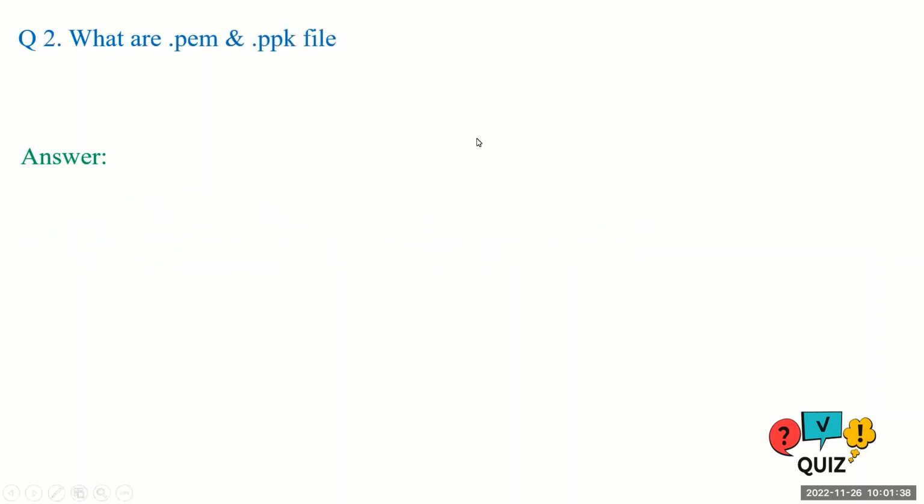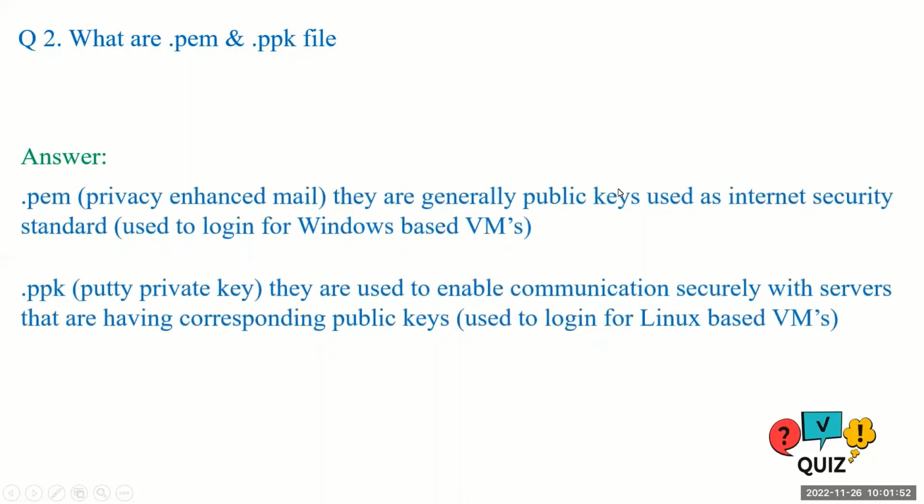So what are PEM and PPK file? Those are the keys which are used for logging into the virtual machines. That's correct. Okay, PEM stands for Privacy Enhanced Mail. They are generally public keys used as internet security standard, used to log in for Windows-based virtual machines.